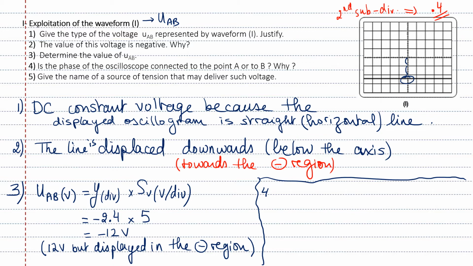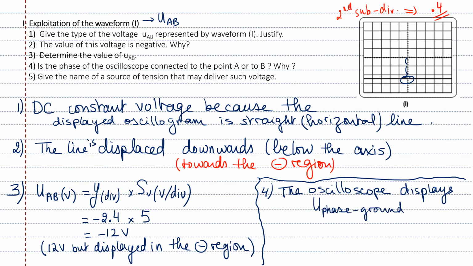4. Is the phase of the oscilloscope connected to point A or point B? Now, we are not given whether A or B are negative, but we know that the waveform is UAB. Now, the oscilloscope usually displays the voltage from the phase to ground.